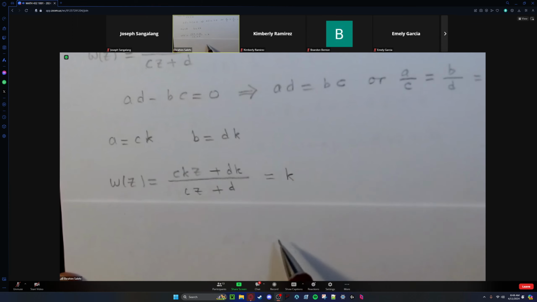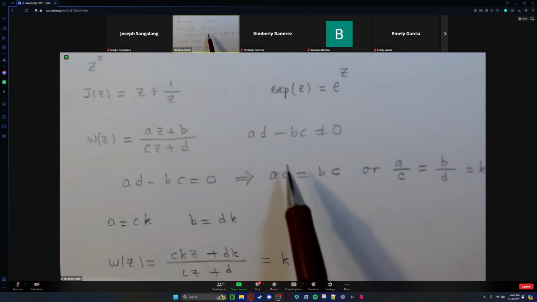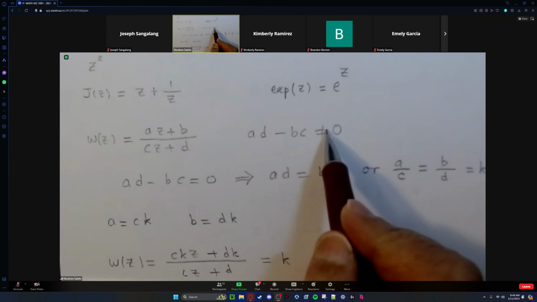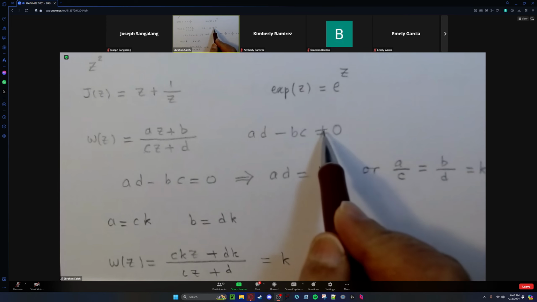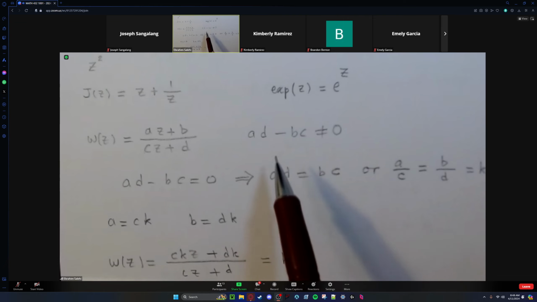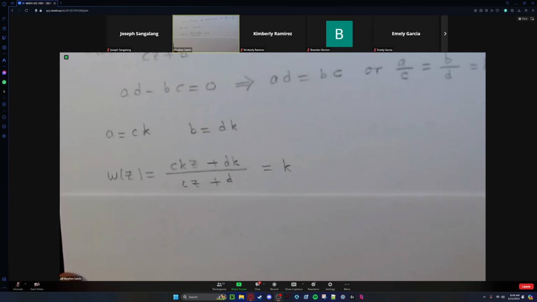This is not very interesting. So the condition AD minus BC not zero is crucial, as you see.